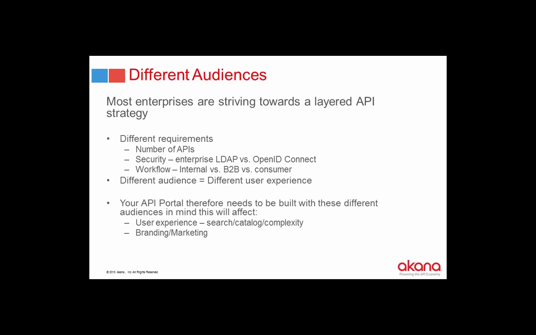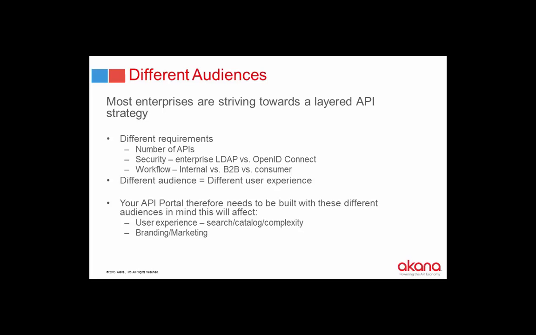If your audience is external to your company versus internal, you're going to have a very, very different way of engaging with them. And you're going to have different security models. Externally, they're going to log in with Google. Internally, they're going to log in with the corporate LDAP. So these different audiences are essentially going to have a different kind of API portal with a different user experience.